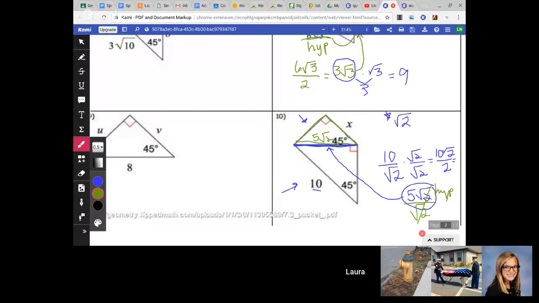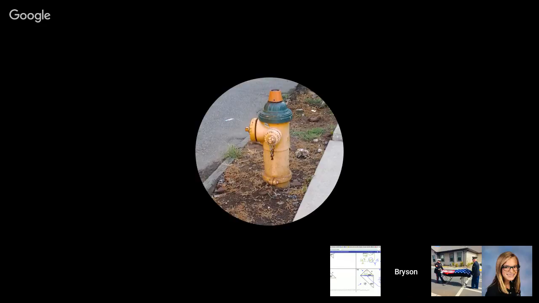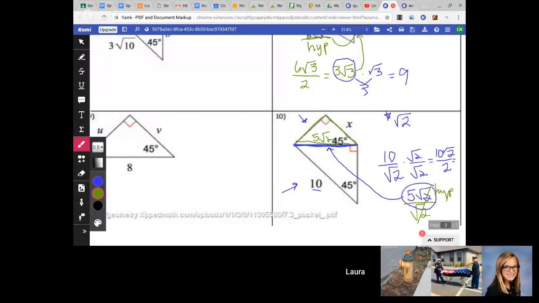All right, I'm sorry. Okay, so in the blue circle, we got that the leg of the bigger triangle that I highlighted in blue was 5 root 2. Then in the top triangle, that would be the hypotenuse. To get from the hypotenuse to the leg we're trying to find, you divide by root 2.